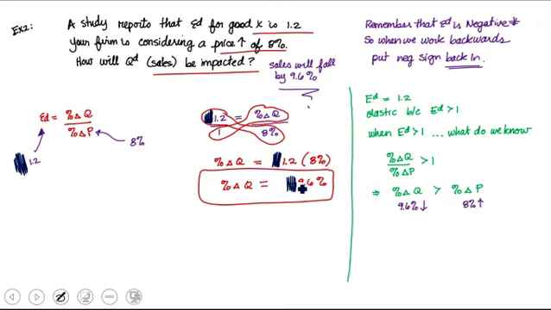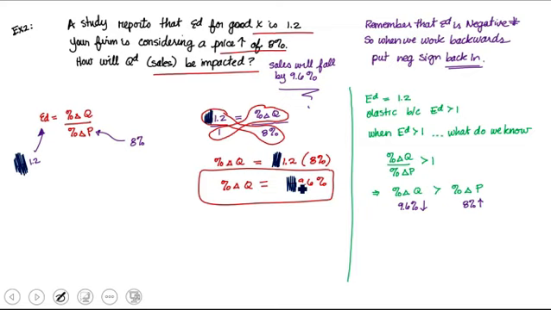So you'd end up with an answer that said quantity went up by 9.6%. Now, you need to be able to look at that and go, wait a minute, that does not make sense. Why doesn't that make sense? If the customers are elastic and the price went up, why would they buy?